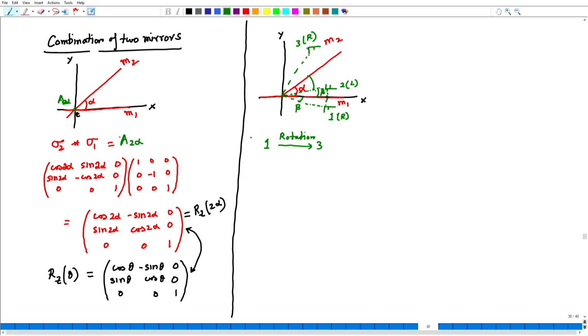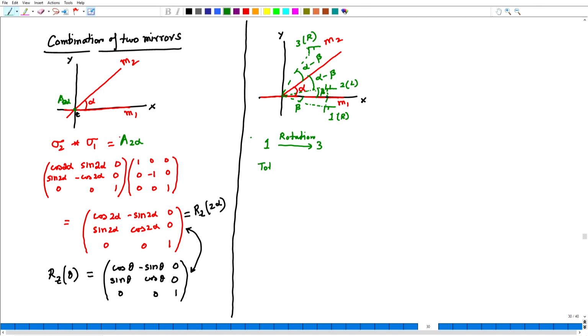The angle made by motif number 2 and the mirror M2 would clearly be alpha minus beta. Now, motif 2 reflects through mirror M2 and therefore, this angle should also be alpha minus beta.